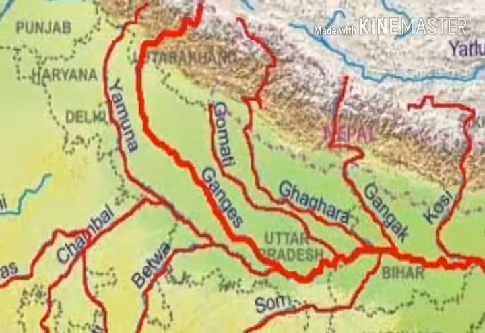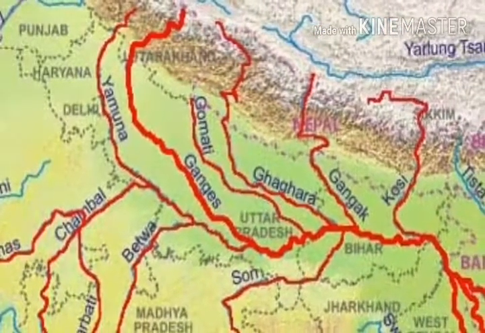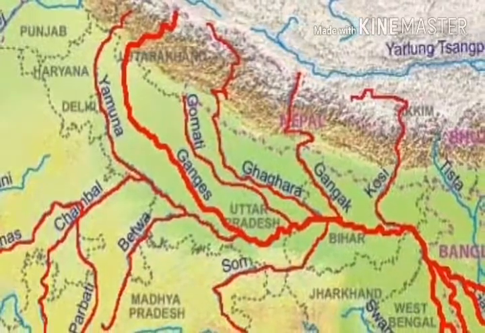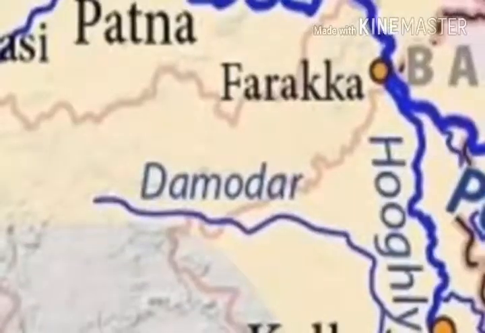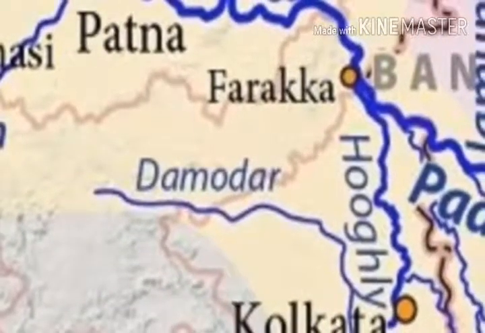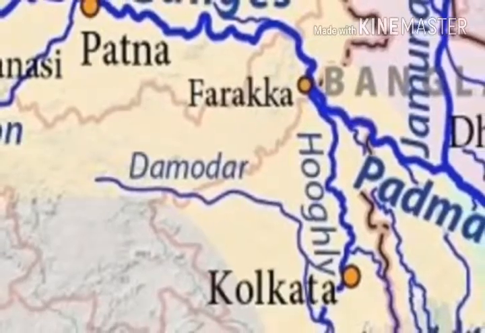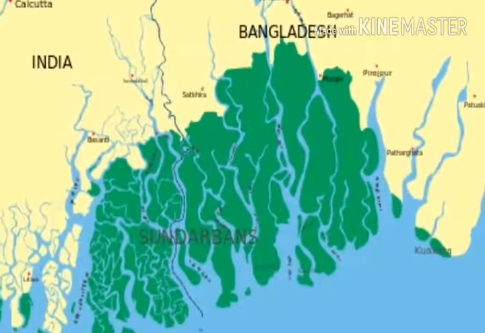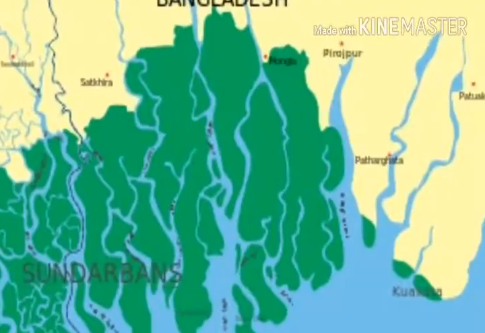Its main tributaries that come from the peninsular uplands are the Chambal, the Betwa, and the Son. The Ganga flows eastward till Farakka. The Meghna River with waters from the Ganga and the Brahmaputra flows into the Bay of Bengal. And the Ganga and the Brahmaputra rivers form the Sundarban Delta, which is the world's largest and fastest growing delta.